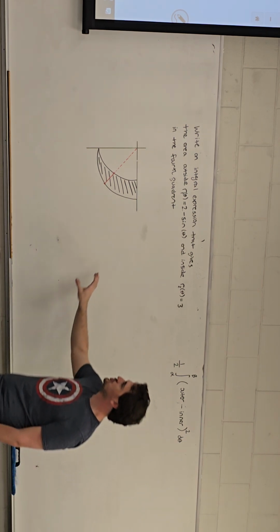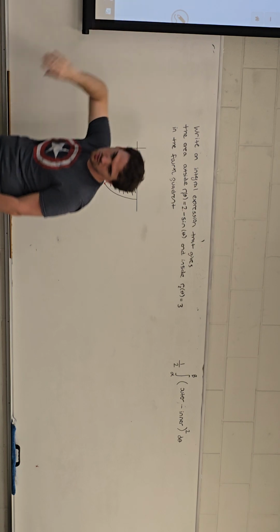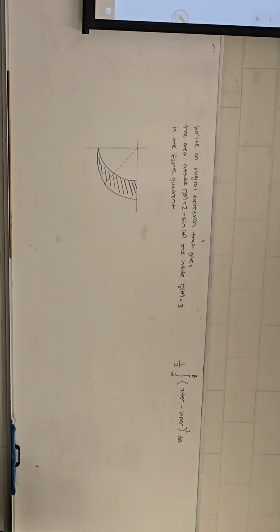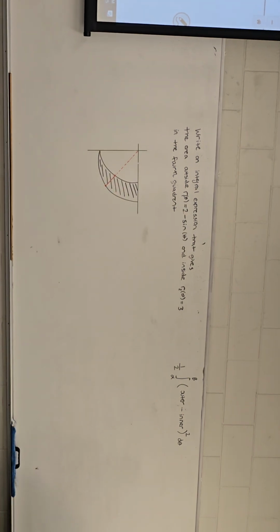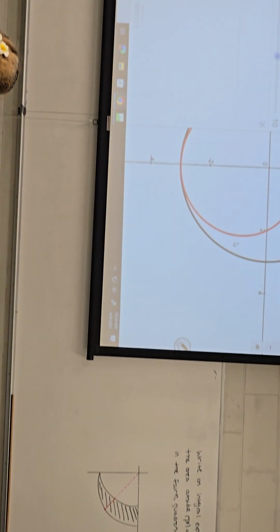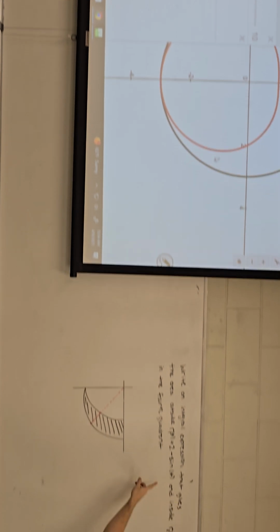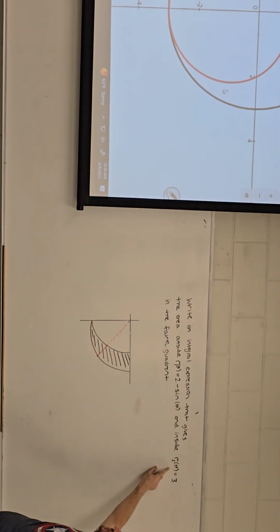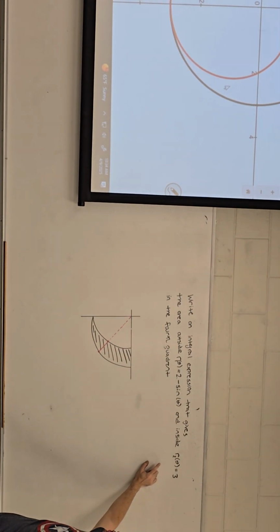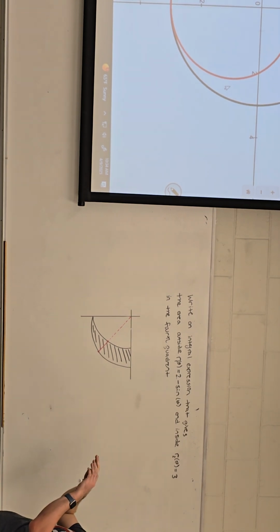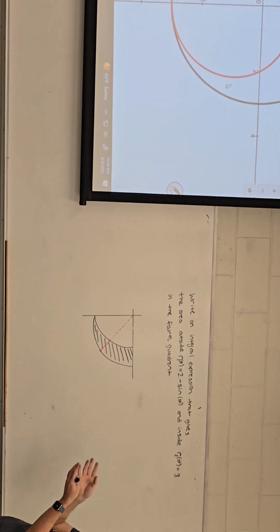If this was just the image that was given to you on the test, but it didn't tell you which is which, it's a very common problem type to see this. One of them is a polar curve. One of them is just a circle. You're responsible for knowing that, okay, I know the circular one is the perfect circle.